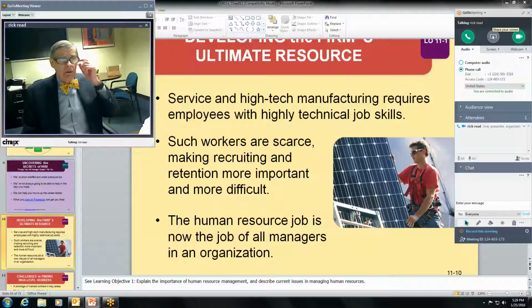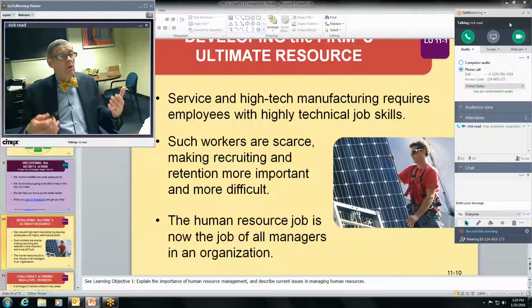This particular slide just talks about, well, it's not up there as well as I'd like for it, but the employee is the ultimate resource. And here we're talking about people in the service and high-tech industries. People today have to have good technical skills.